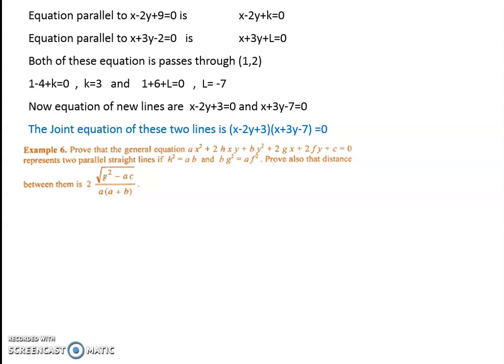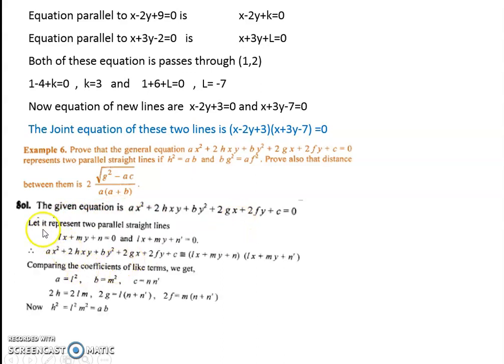Prove also that the distance between them is 2 into under root g square minus ac over a into a plus b. So the question is very easy. The given equation is there. Let it represent two parallel lines. Then we have lx plus my plus n is equal to 0 and lx plus my plus n dash is equal to 0, and identically the product of these two is equal to the given equation.